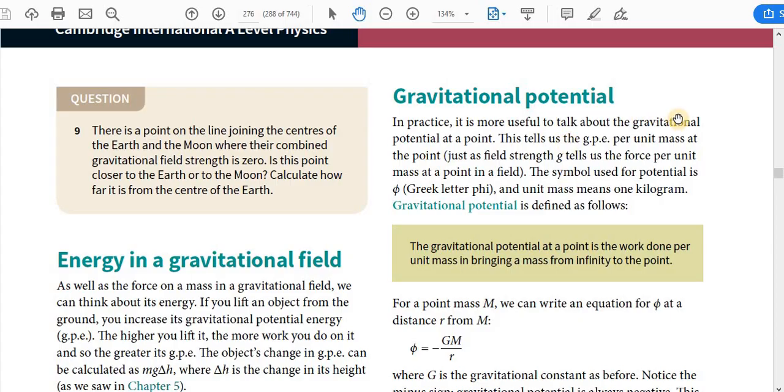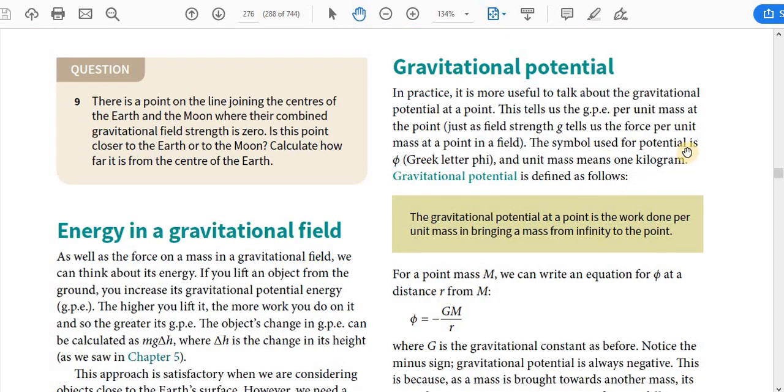Similarly, GPE divided by m is the gravitational potential. The symbol used for potential is phi. In the beginning of the chapter we saw this letter phi, P-H-I. And unit mass means 1 kilogram.